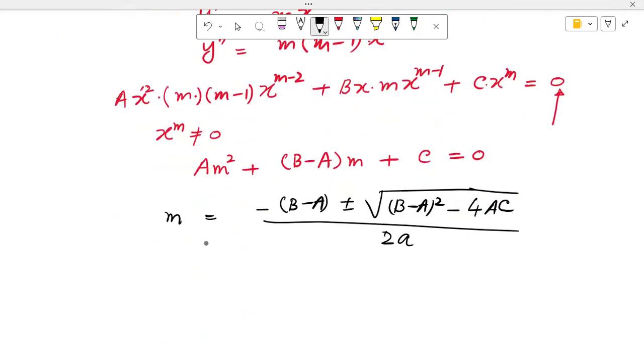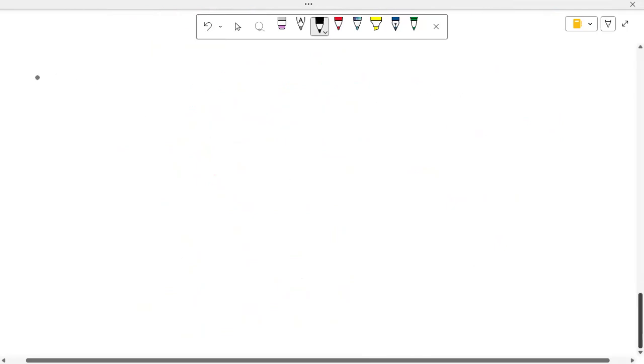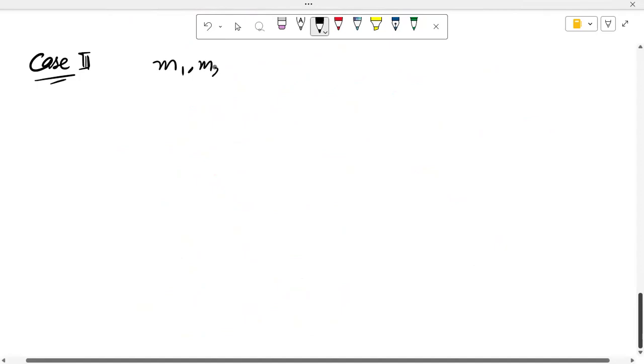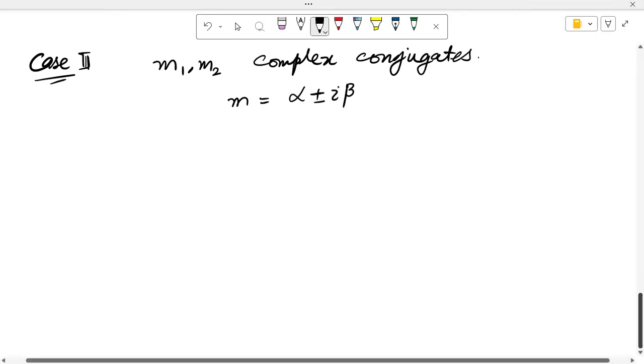So case 2, if we have m1 and m2 forming the complex conjugates, their forms are alpha plus minus iota beta, that is due to the discriminant appearing in the root of the auxiliary equation.